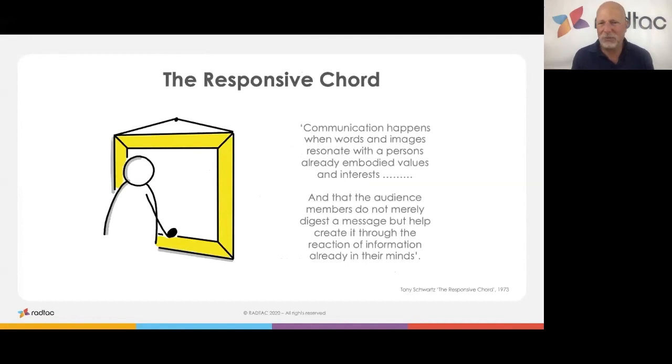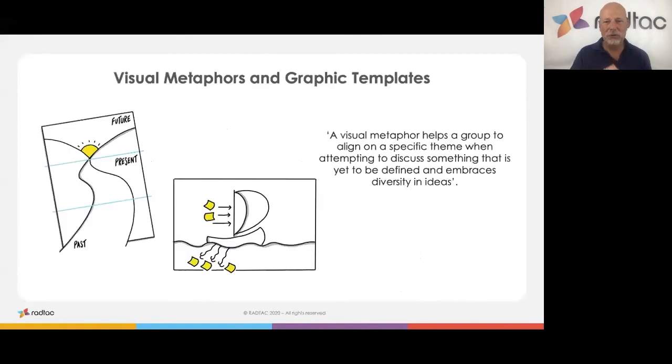So communication happens when words and images resonate with a person's already embodied values and interests. What does that mean? Well, that means as an amazing Scrum Master, you have to understand the context. Don't just go in there and start spouting a book at people. You have to understand the context, because what you need to do is find a way to make Agile resonate with people's already embodied values and interests. Yeah. So the responsive chord, good thing to have a look at.